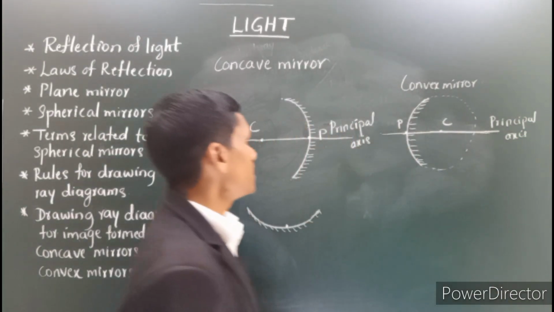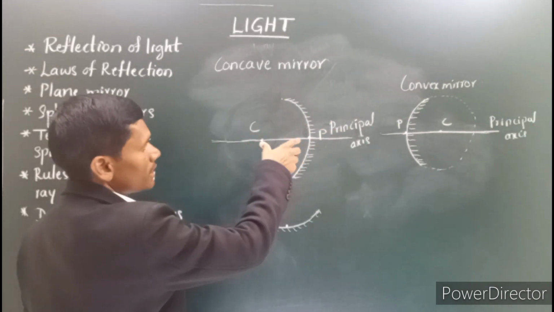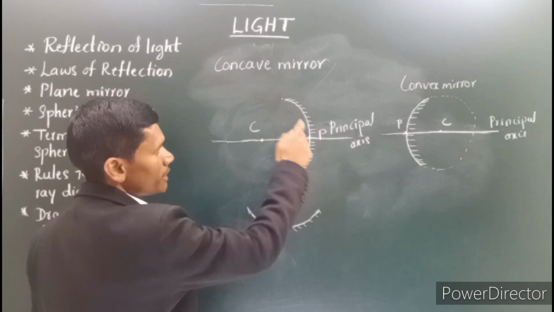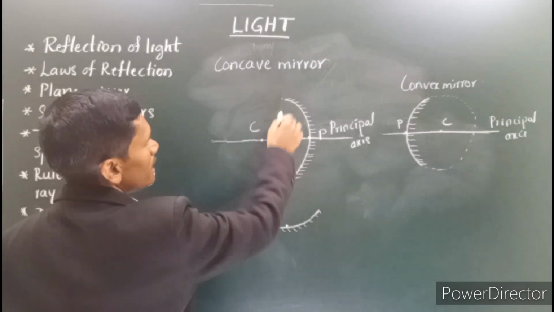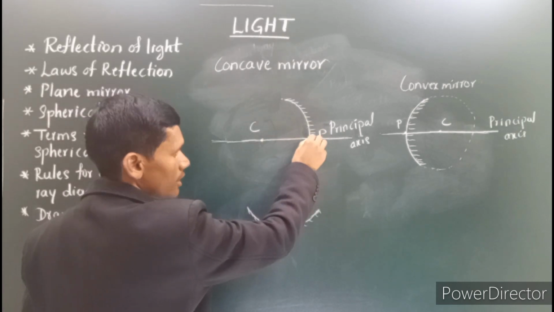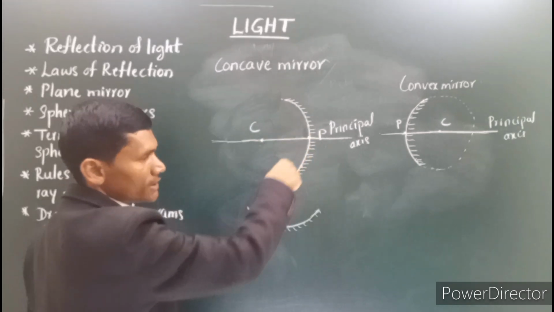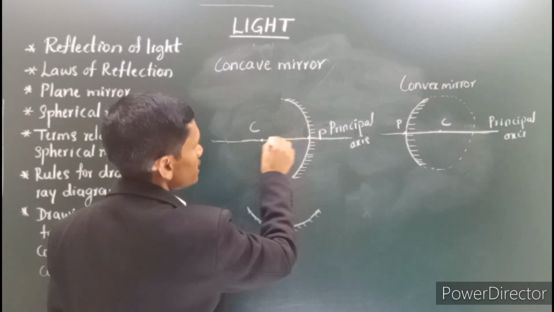Right? Now you have to see the distance between the center of curvature and the pole of the mirror. What is this? Very simple. This is the center of curvature. Then from the center to this perimeter, what can we call this? That is the circumference of the circle. This distance from here to here will be what?